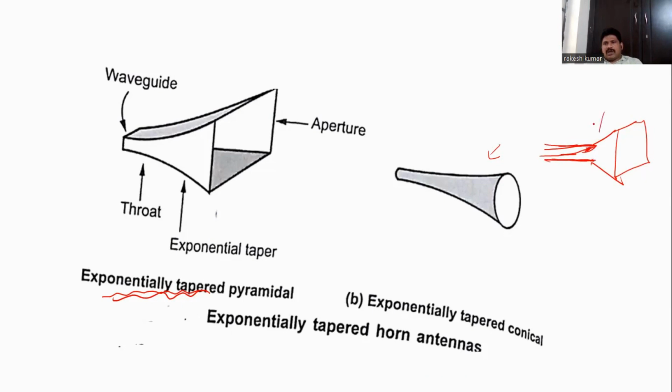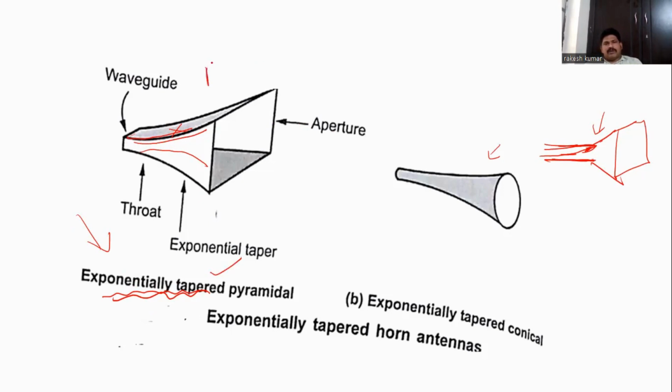So there is some ambiguity or some disturbance. But if the structure is like this, without any notch, the signal will go like this without any disturbance. Such type of tapering or construction is called exponentially tapered pyramid.